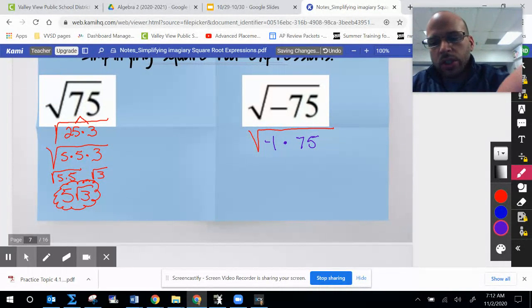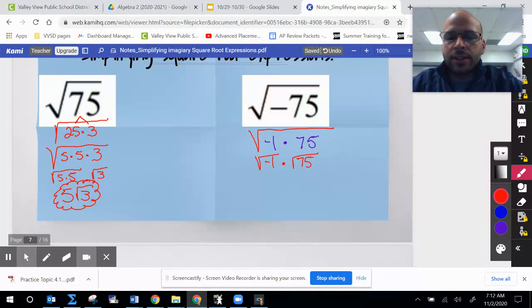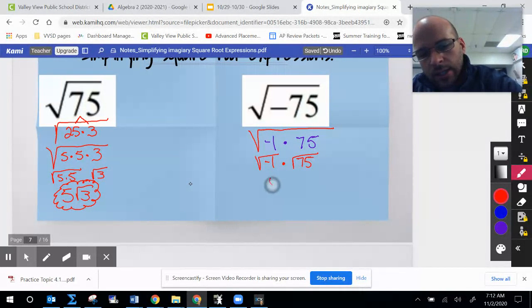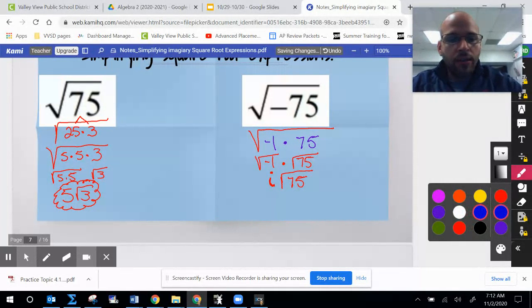Now, one thing I want you to know is the square root of negative 1. Let me write this out. If I broke that apart, the square root of negative 1, we have a special symbol for this, and it is i. So I have an i square root 75. Now we're going to do everything that we just did on the previous problem.